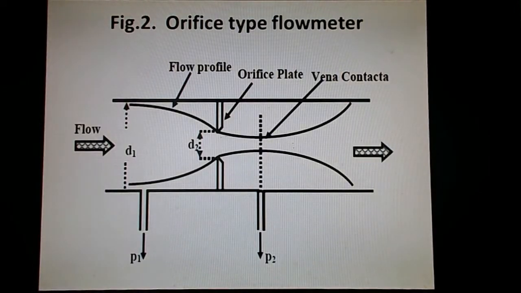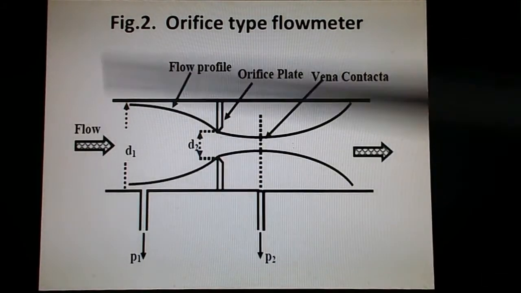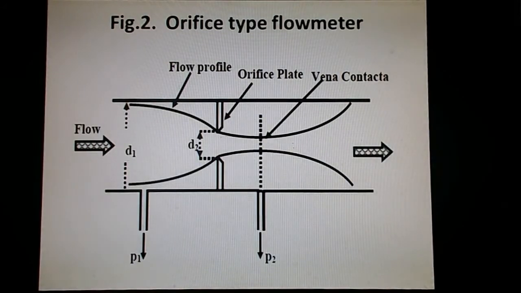We are having pressure measurement at 2 points, point 1 and point 2. P1 is the pressure at point 1 and P2 is the pressure at point 2. Notice that P2 is being measured at vena contracta.